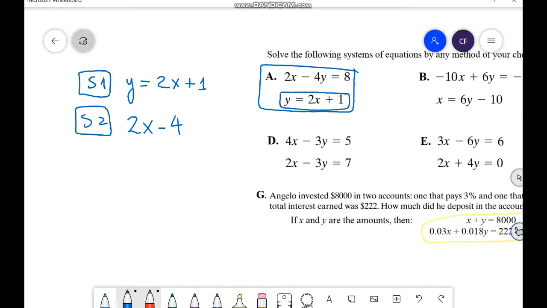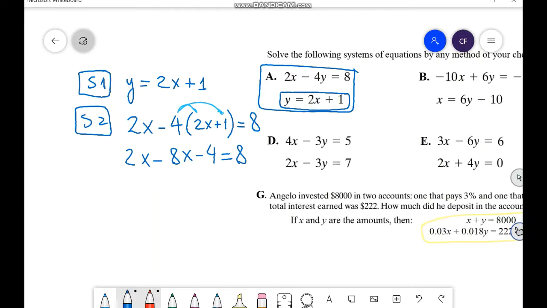And instead of writing y, I'm going to write this 2x plus 1. Equals what? Equals 8. Now simplify, apply distributive property, and then we have 2x minus 4 times 2x, -8x, -4 times 1, -4 equals 8.